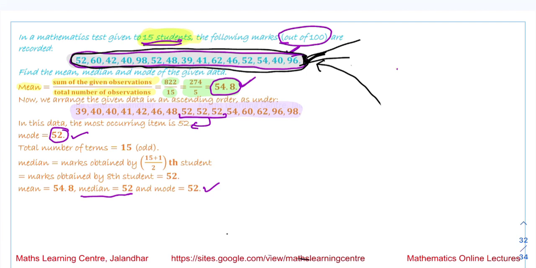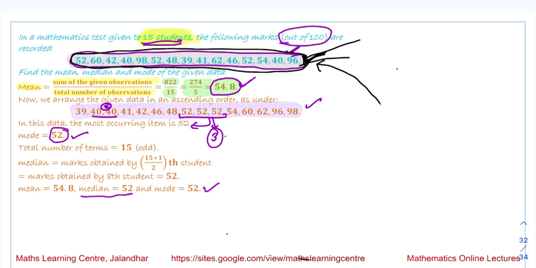To calculate the mode, it is not necessary to arrange them in ascending order, but we are arranging it so that our calculation does not become incorrect. By arranging them in ascending order, it becomes clear that 52 is repeated 3 times and 40 is repeated 2 times. Things become more clear, but it is not necessary.